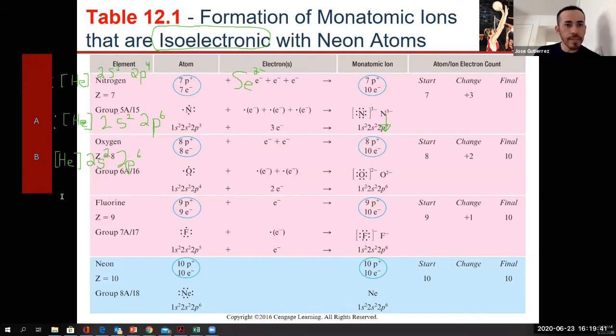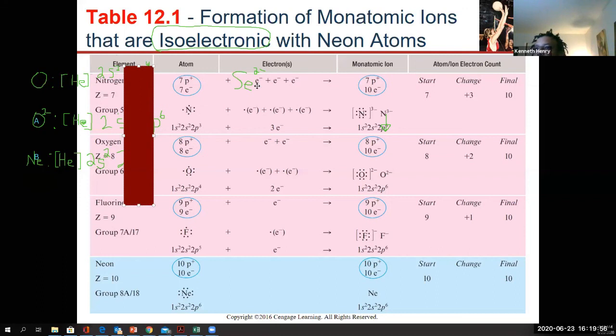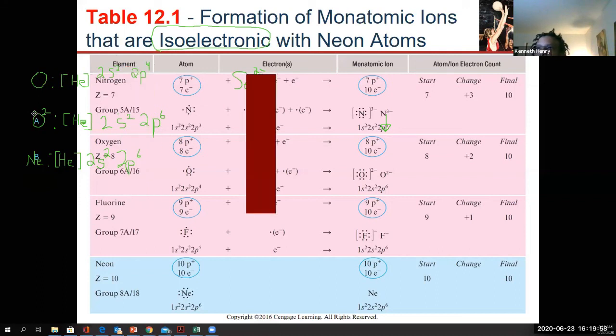Same thing, they're the same. So that's an example of isoelectronic. They have exactly the same number of electrons, but we know they're different atoms that you're starting out with. So we know that this one is O2 minus and this one is neon.